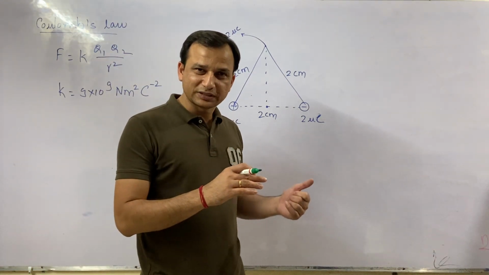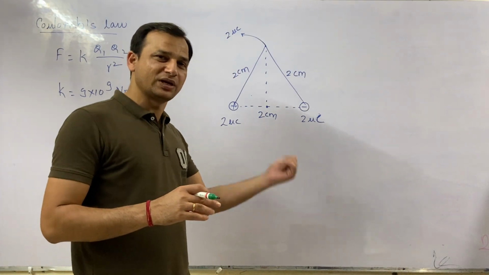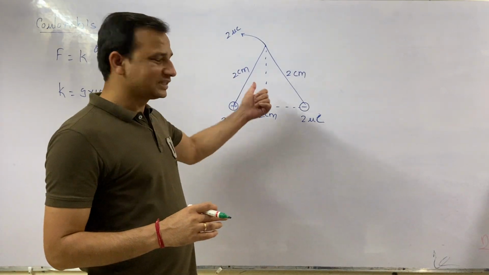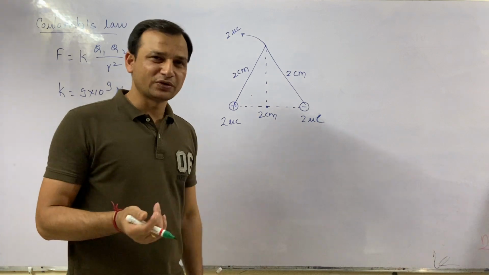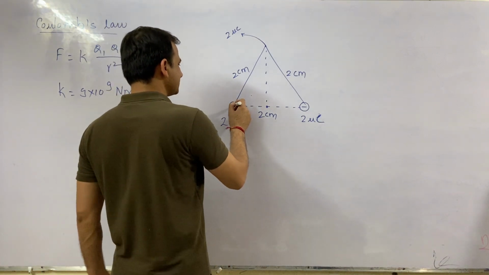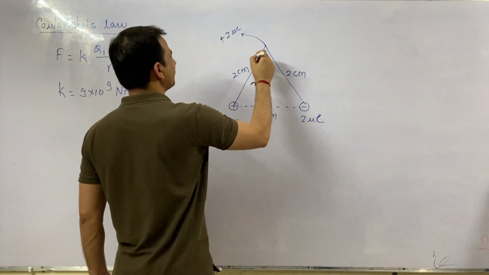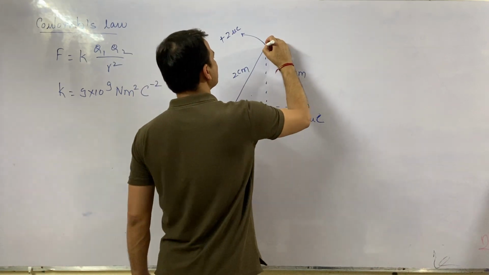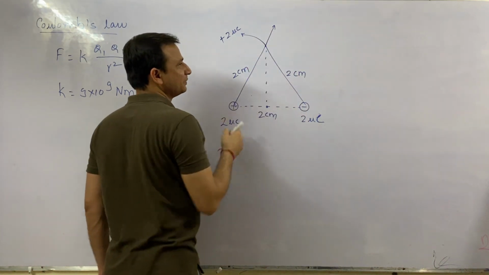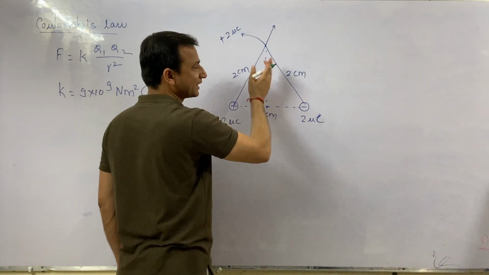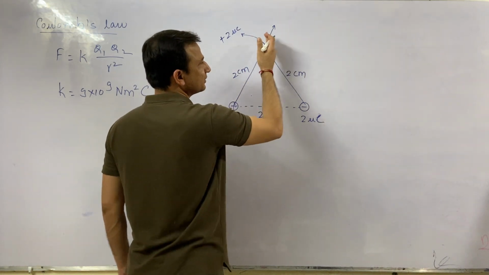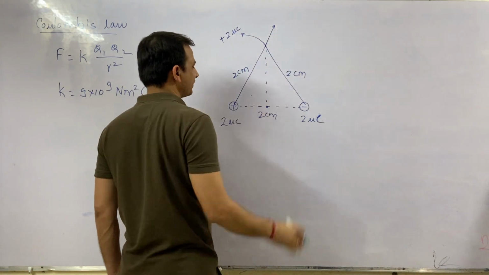I have already explained the direction of force in the last video. In this video, I'm going to calculate the magnitude of force. Because this is positive and this one is also positive, the direction of force would be upward at an angle, not directly vertically upward, but pointing upward at some angle.